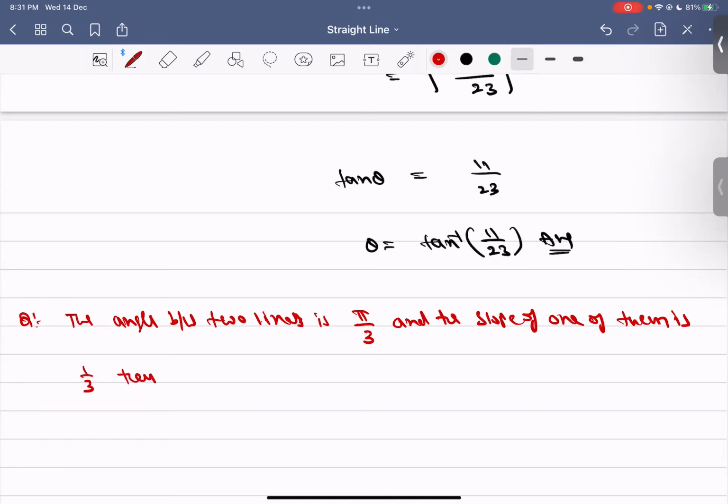Then find the slope of the other. This is the question.